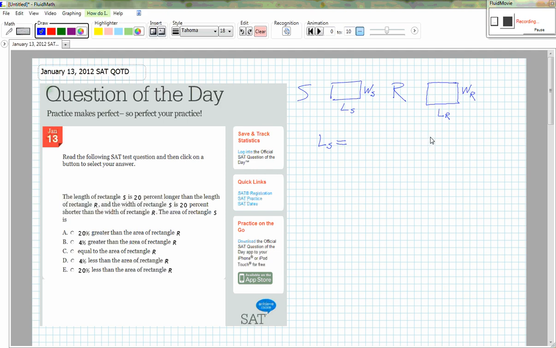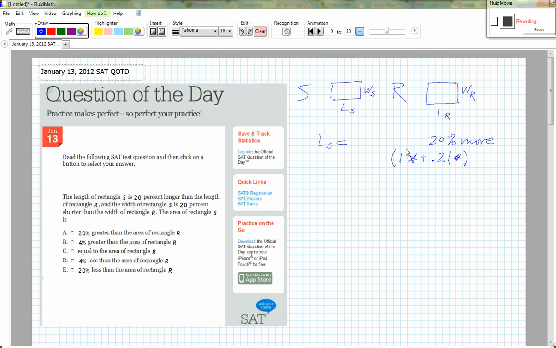So if I say that something is 20% more, what I want to say is 0.2, the decimal equivalent of 20%, times something, is how much more it is. But to find out the total amount, you have to add that amount plus 20% times that amount.